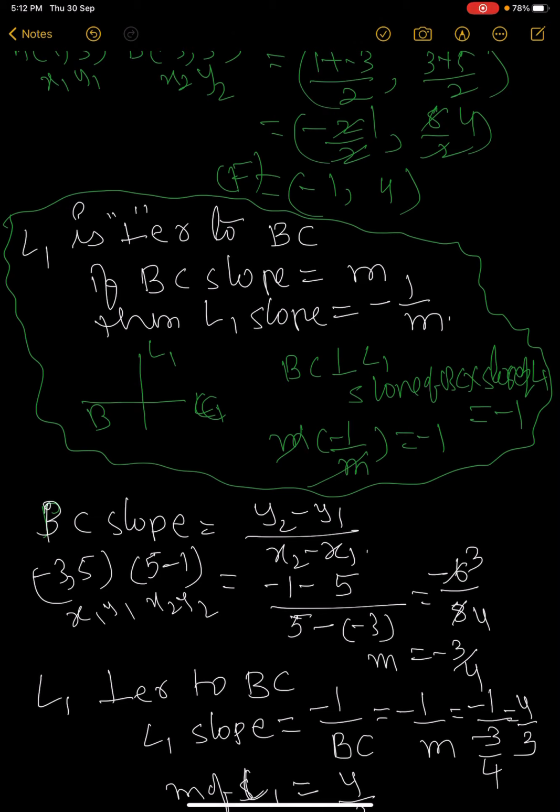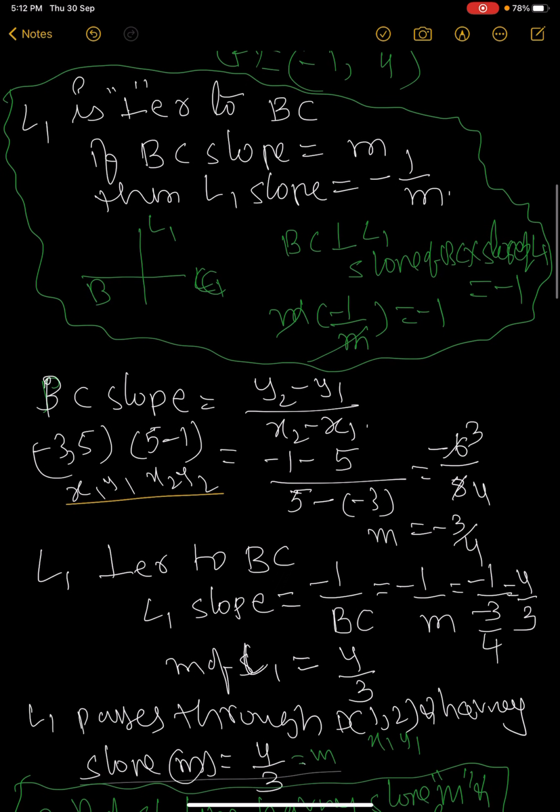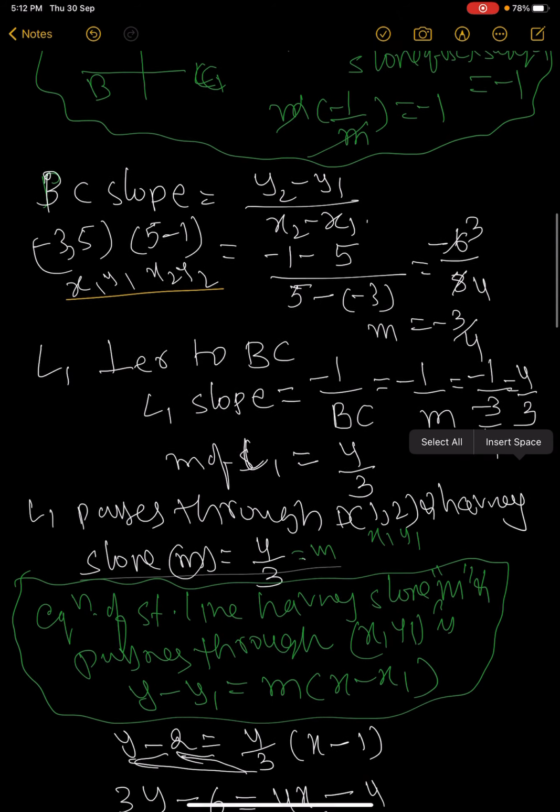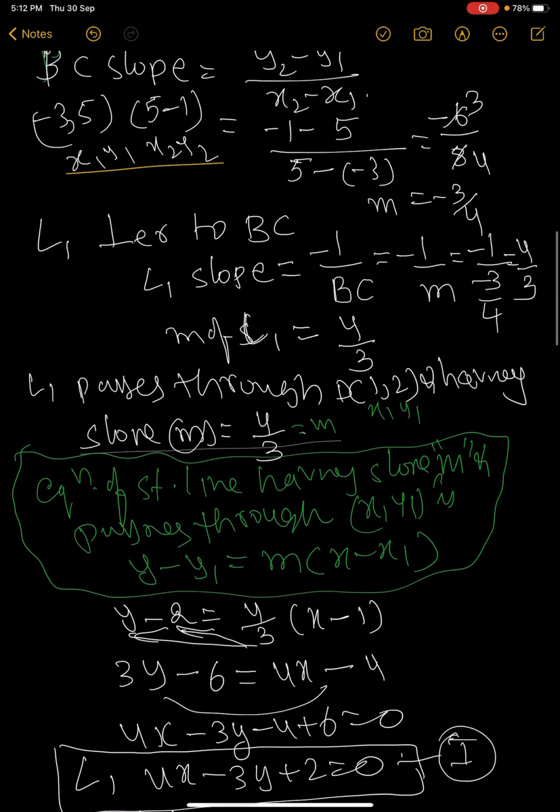But we need the L1 slope. L1 is perpendicular to BC, so the L1 slope is -1 by M, which is -1 by (-3 by 4). The negatives cancel, giving 4 by 3. So the slope of L1 is 4 by 3.